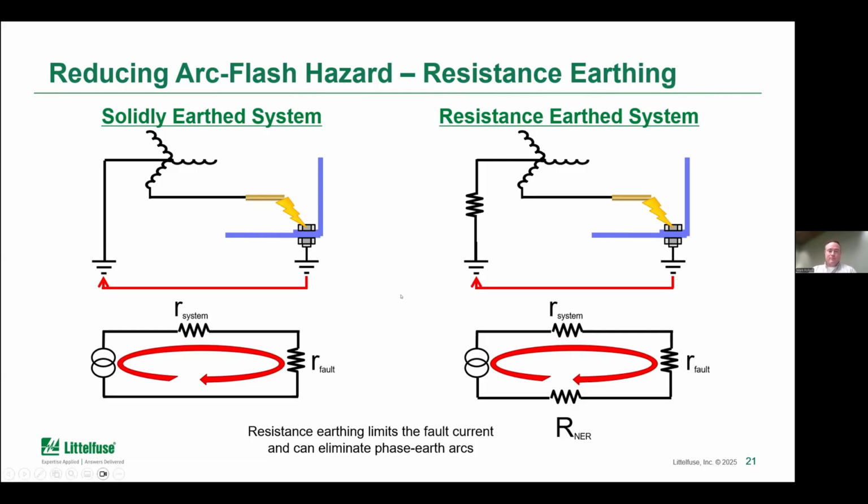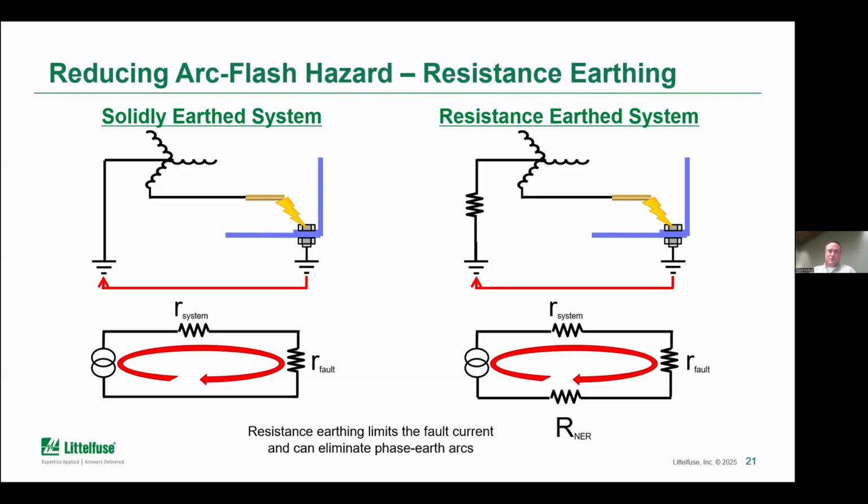Now, in some applications, some industries, such as data centers, mining, and some other processing plants, are beginning to use a neutral earthing resistor. So that's this resistor here connected between neutral and earth. When you have a resistor in this location, when the fault occurs, now you have another resistance that is limiting that fault.